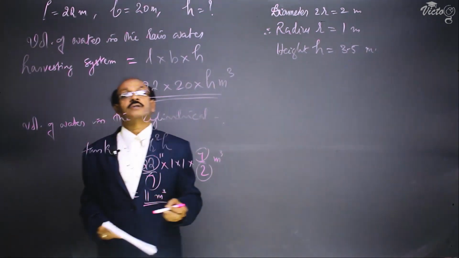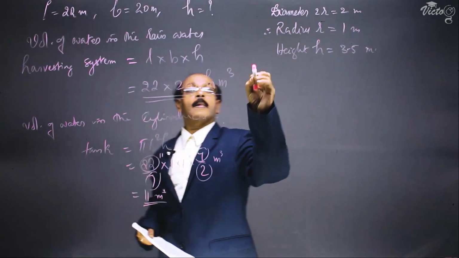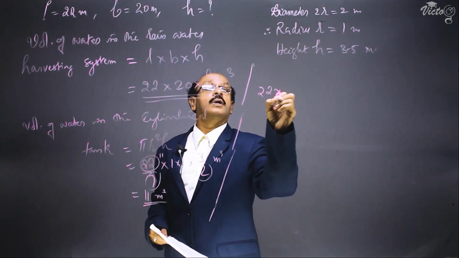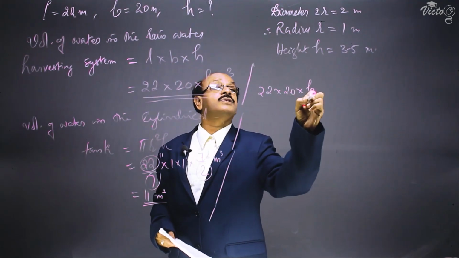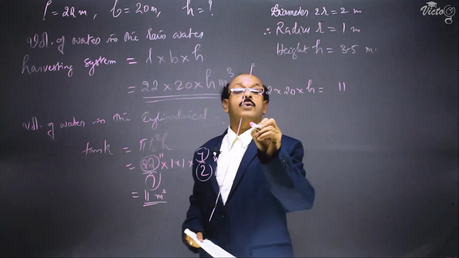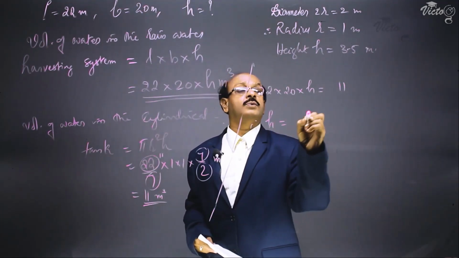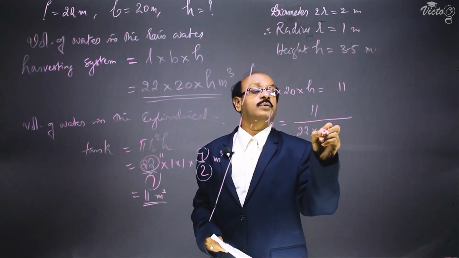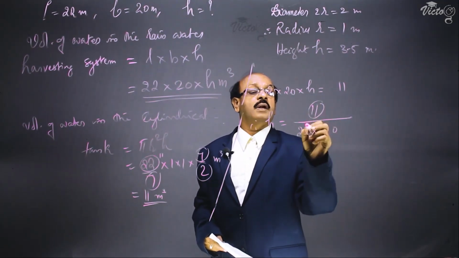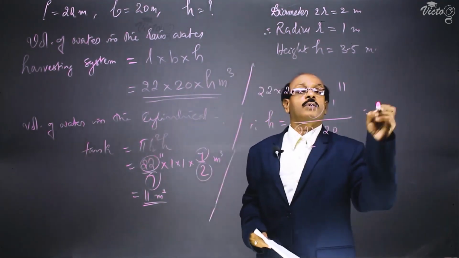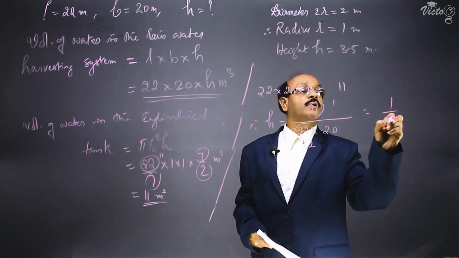Now we can equate these two. 22 into 20 into h is equal to 11. So height is equal to 11 divided by 22 into 20. Here it is 11 and 22, which gives 1 by 2, which is equal to 1 by 40 meter.